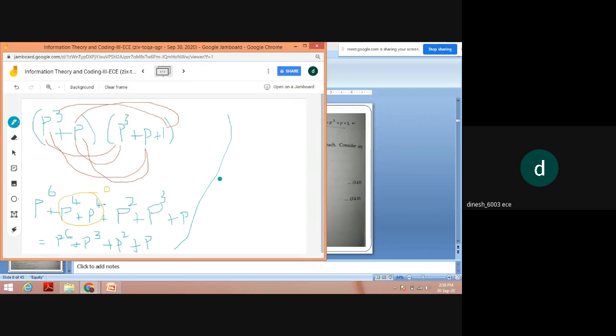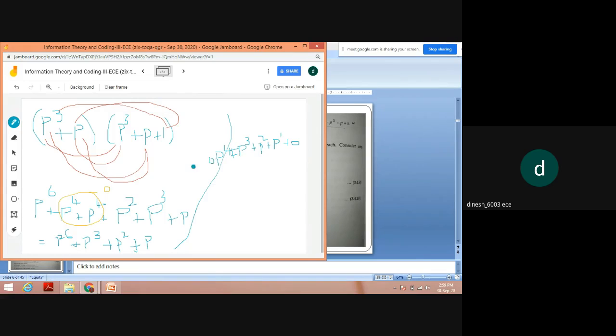So for this, since we have 7 bits, the bits of information can be retrieved by placing ones in this position. So 0 plus P power 1 plus we have P power 2 plus we have P power 3 plus we have P power 4 in 0.